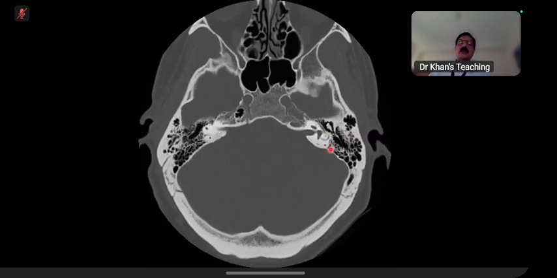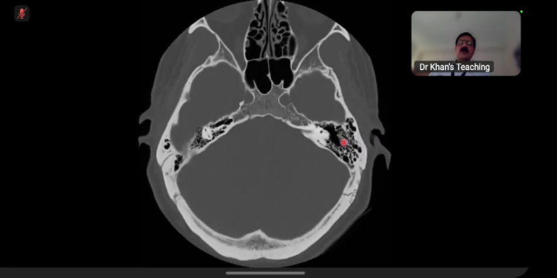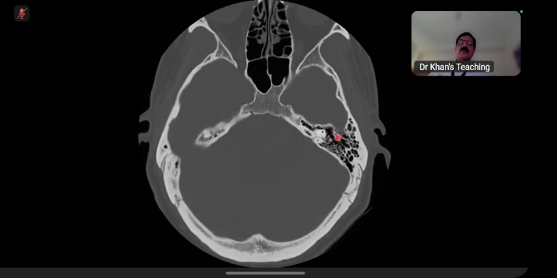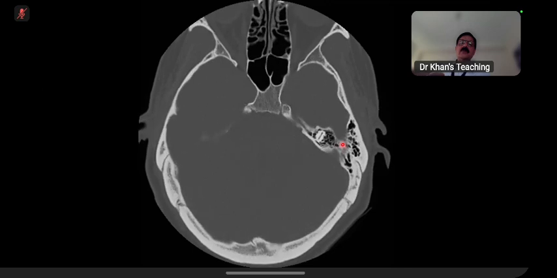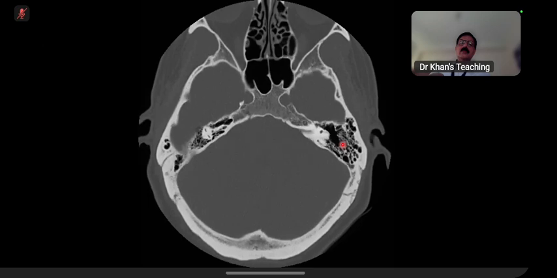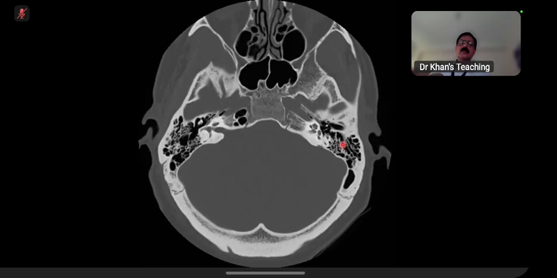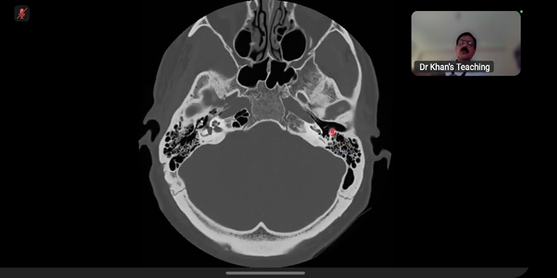You can see this facial nerve canal. So this is the mesotympanum. Sorry, I go back. So this is the mesotympanum where the external auditory canal is coming.